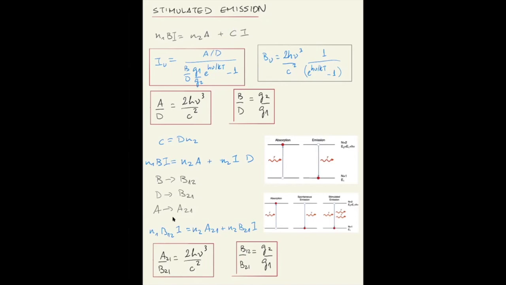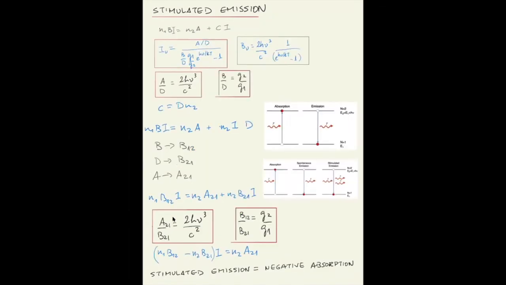Notice that mathematically one can simply put the stimulated emission on the left-hand side of this equation. That means that the process can also be thought of as negative absorption. Due to the interaction between the radiation field and matter, a photon was added to the field with the same frequency that would normally be absorbed.